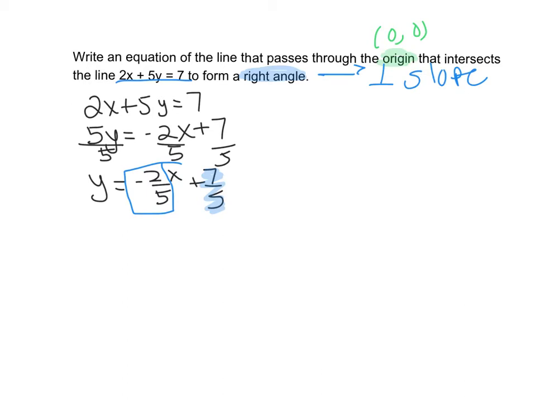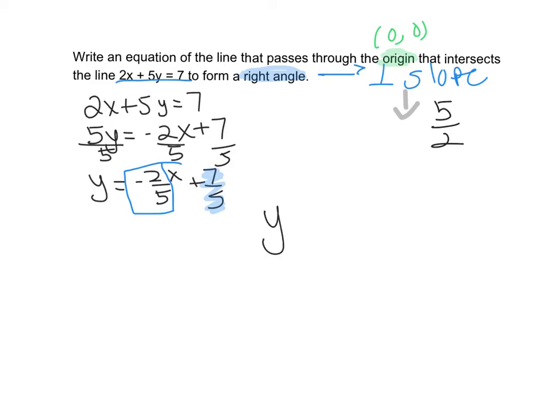So if this is my slope, I want to use the negative reciprocal of that, which would be 5 over 2. So that's going to be the new slope of my new line. Now I can write my equation because I know it goes through the origin, which also tells me that my y-intercept is 0.